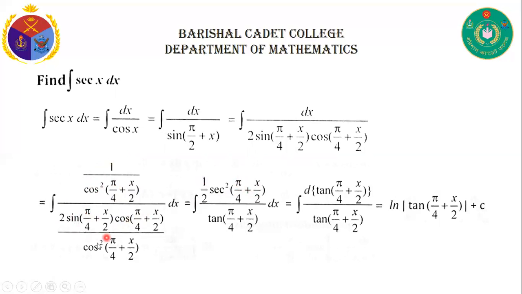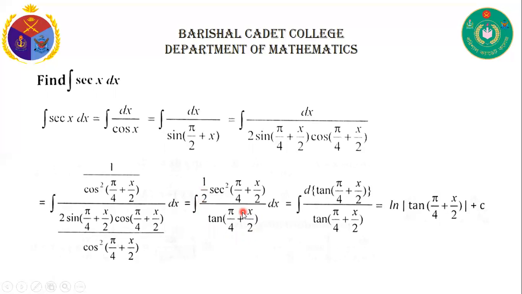Here cos and cos cancel, so sin by cos is tan of pi by 4 plus x by 2, so 1 by 2 should be here. Now if we take that as f of x, the differentiation of f of x is here.